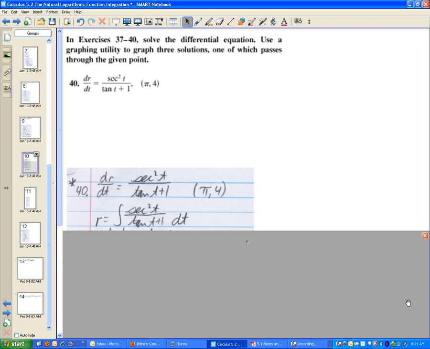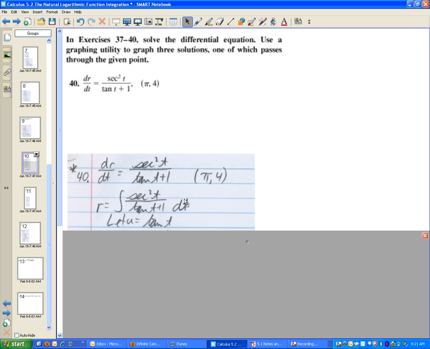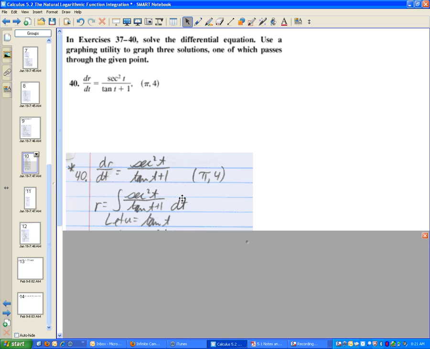We've got a quantity secant of t with an exponent on it, but we've got a quantity in the denominator. Let's try letting u equal tangent of t, oops, and I forgot to write, plus 1.